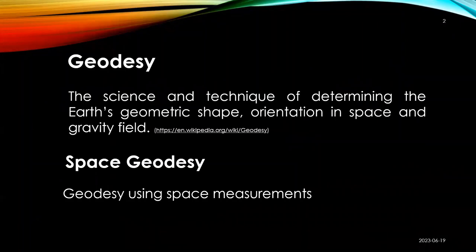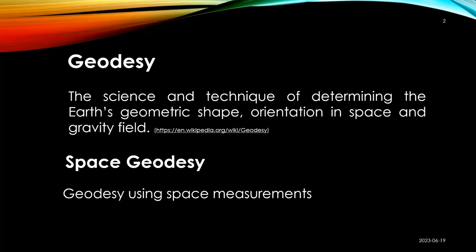So let me go back to the definition of geodesy. Geodesy is the science and techniques of determining the Earth's geometric shape, orientation in space, and gravity field. Today, when we talk about geodesy, people just look at the first part of this definition, which is the science and technique of measuring or determining the geometric shape of the Earth.